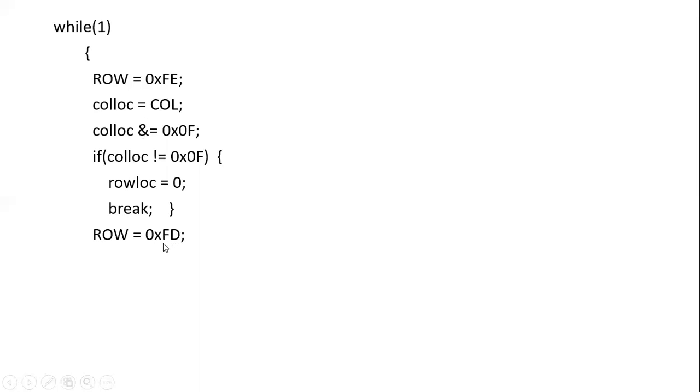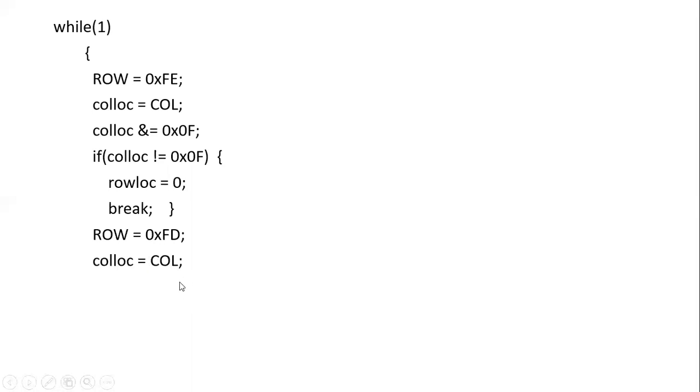Next we set it to FD. In what case? When the column is equal to 0x0F, then we go for setting the next row bit to 0.